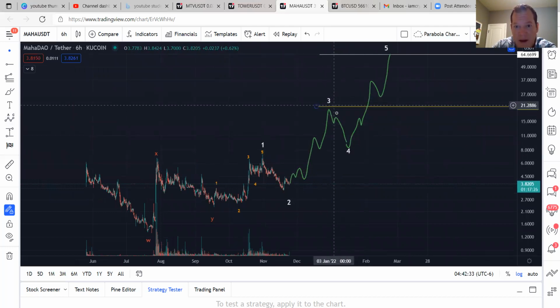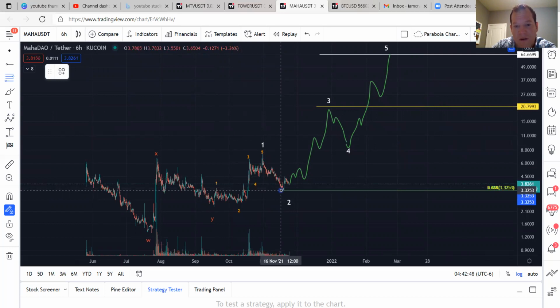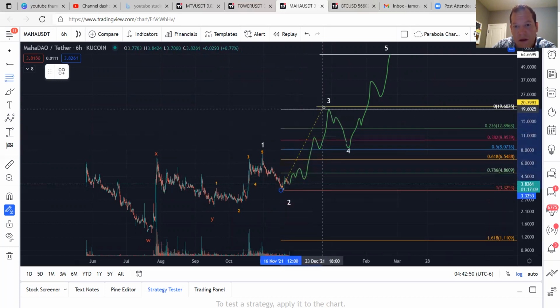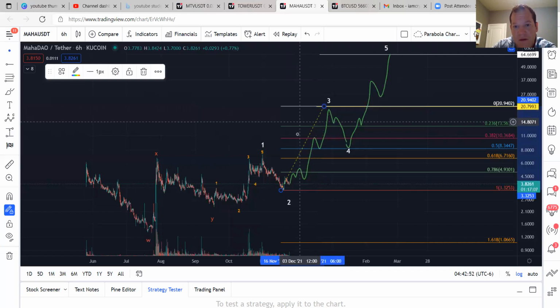Once we hit that macro 3, we should have some sort of a correction. I got my entry there at 4 based on my fib retracement tool. So you take the bottom of 2, go to the top of 3, which again, is a 5-wave subwave structure to make a 3.